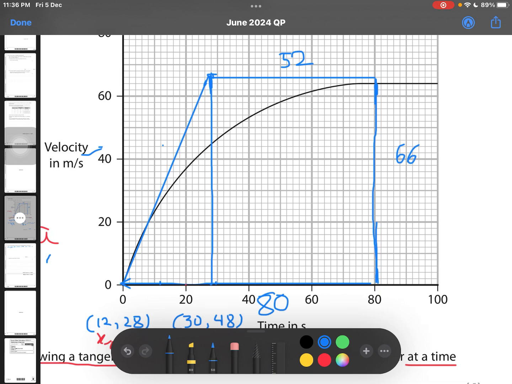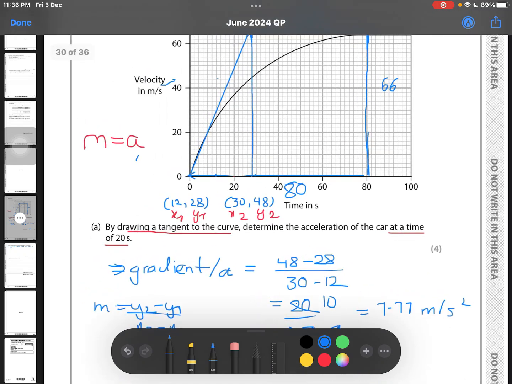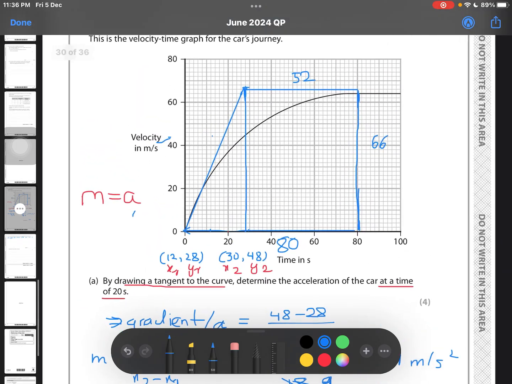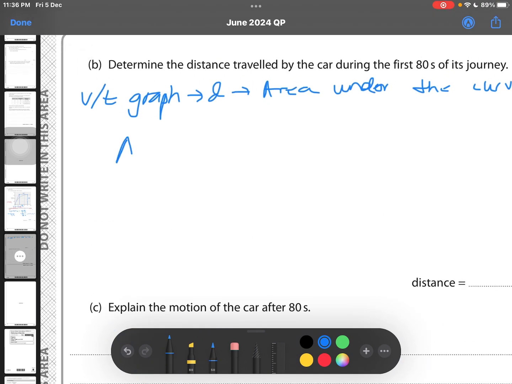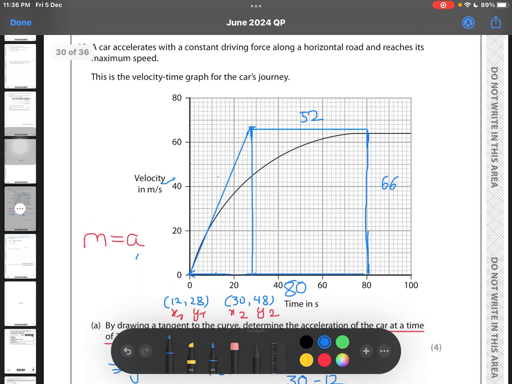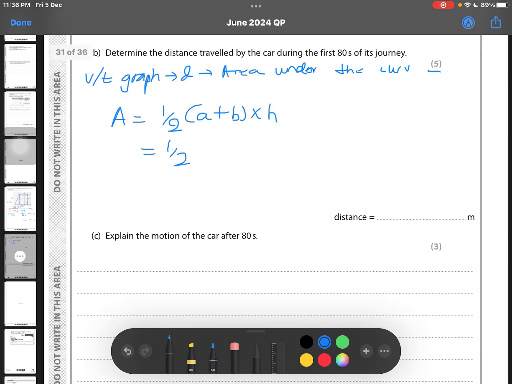Right. And those are the values that we need to know: 80, 52, and 66. So area under the graph, we do know area of the trapezium is half into a plus b into h. So definitely we need to use the values here. So a is 80, b is 52, and h is 66.